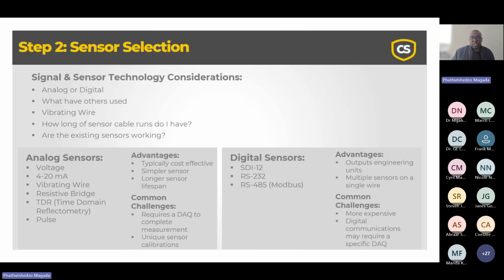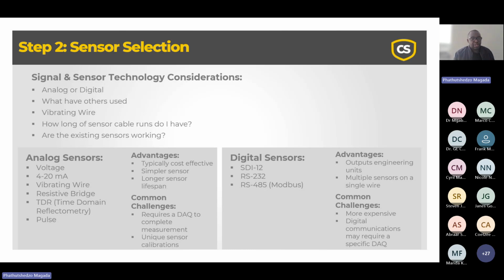So when it comes to sensor selection, again, there are analog or digital sensors. For example, vibrating wire is an analog sensor. One of the aspects that is very important is cable length.